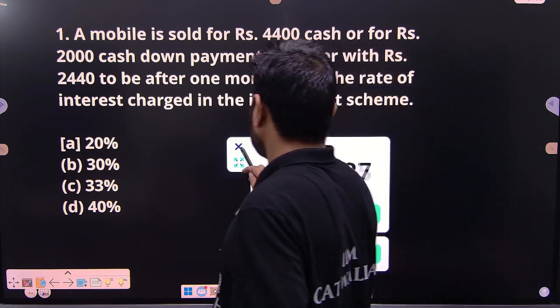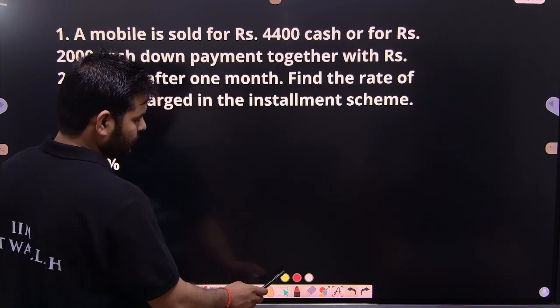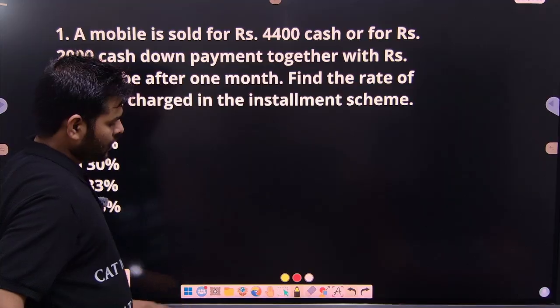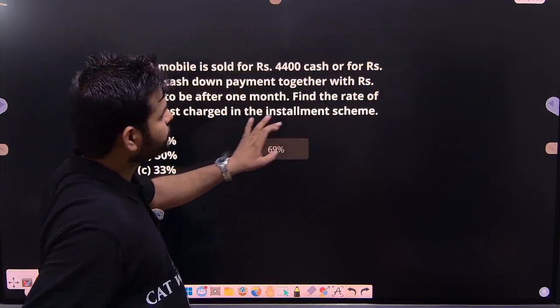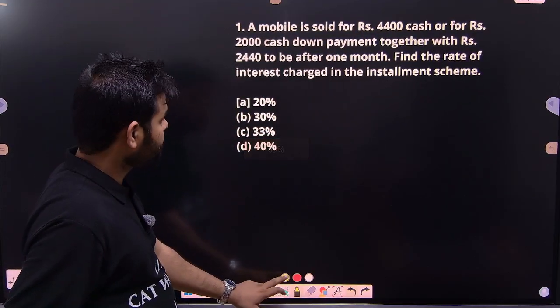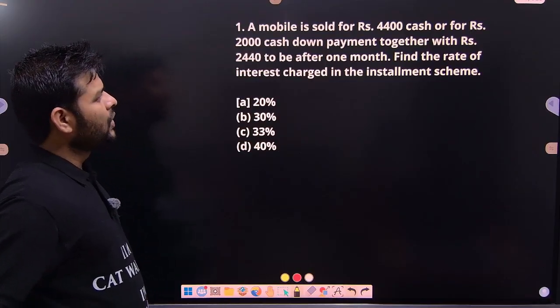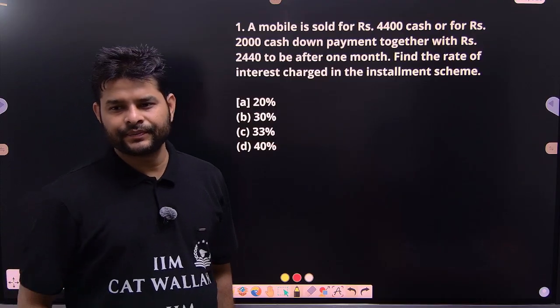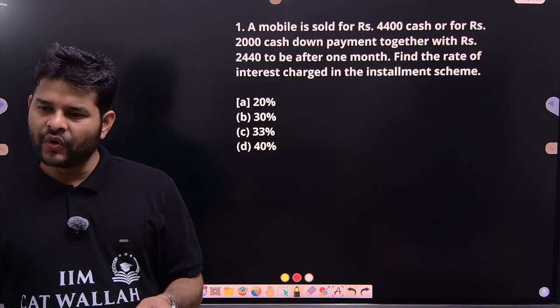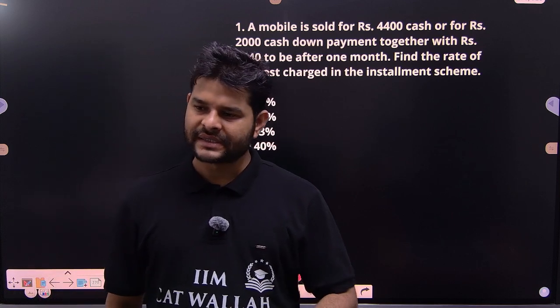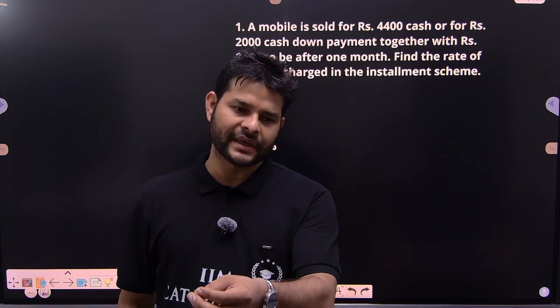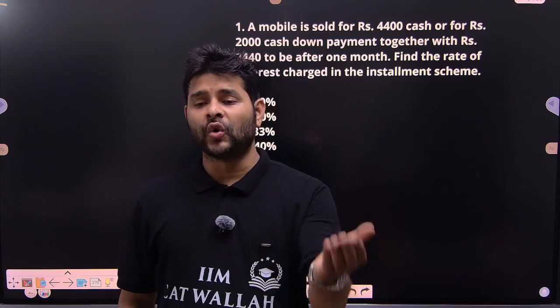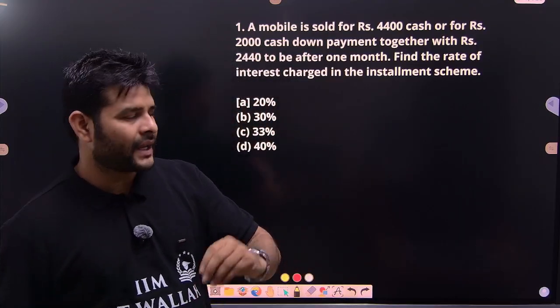Guys, how will we take the approach? The question says a mobile is sold for rupees 4400 cash. Means if you have 4400, just give me 4400 and take the cell phone. But if you don't have the 4400, then we have the option.